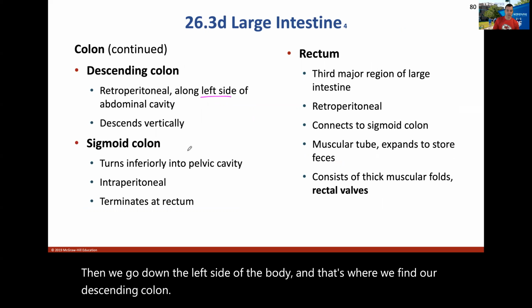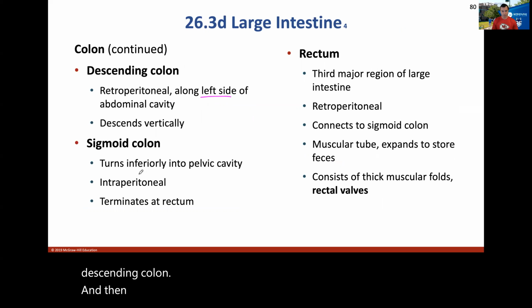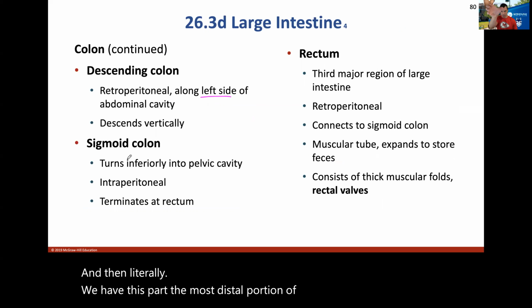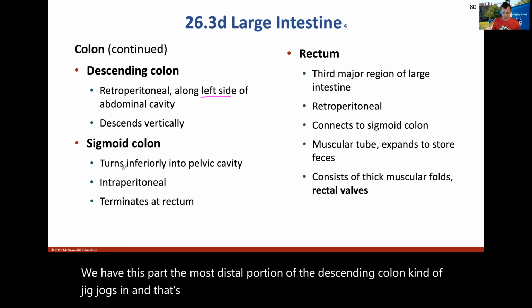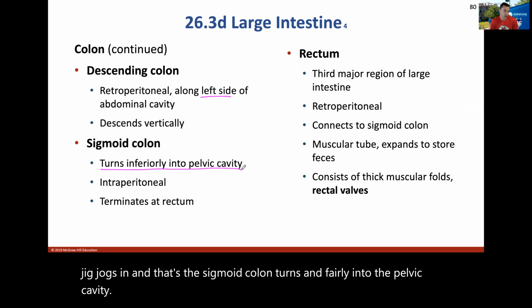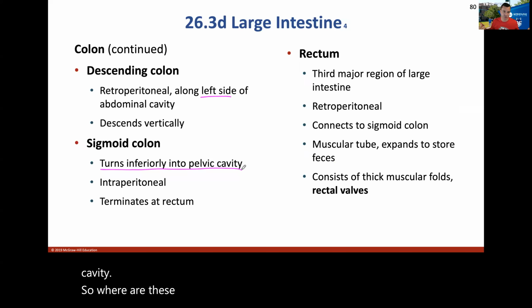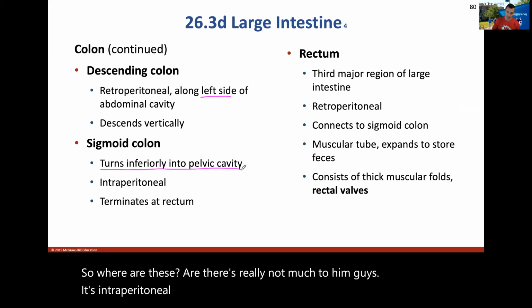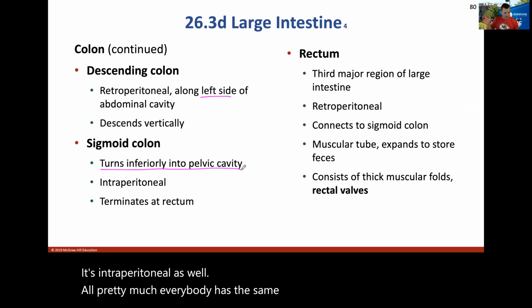Then the most distal portion of the descending colon jig-jogs in, and that's the sigmoid colon. It turns inferiorly into the pelvic cavity. There's really not much to it, guys. It's intraperitoneal as well. Pretty much everybody has the same length of ascending, transverse, and descending colons.